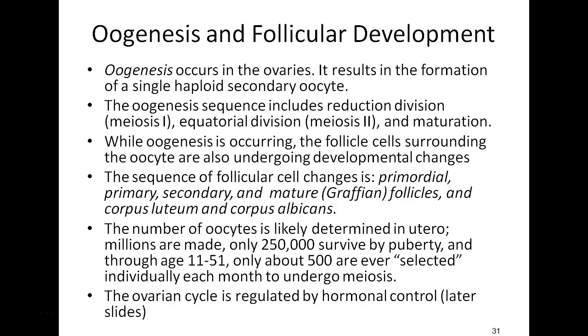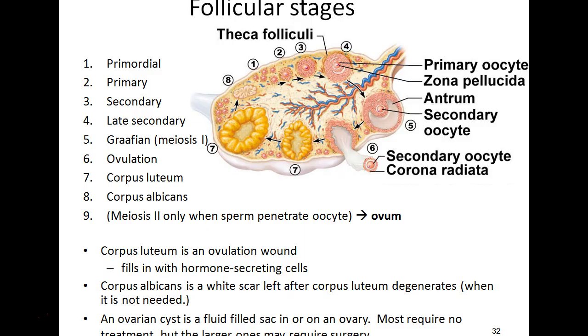And then through ages 11 through 51, only about 500 are ever quote-unquote selected for ovulation. Then when the eggs are depleted, we have the onset of menopause. So this ovarian cycle, this development of oocytes, is regulated by hormonal control.